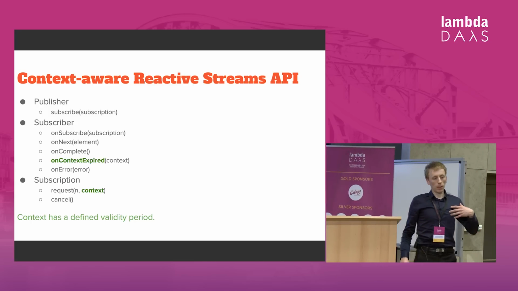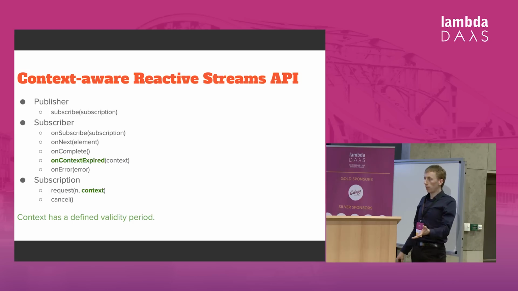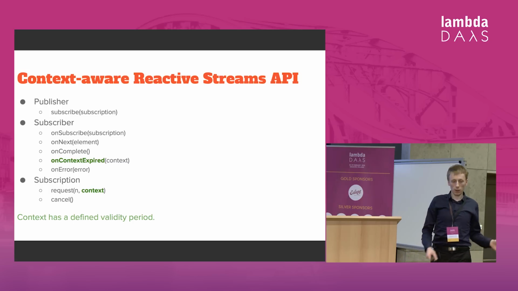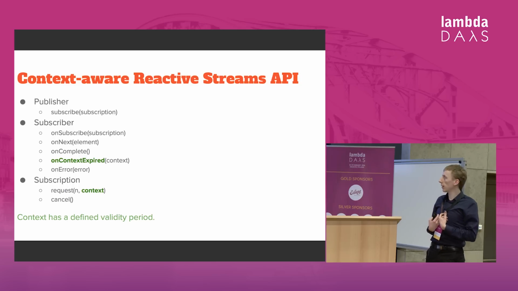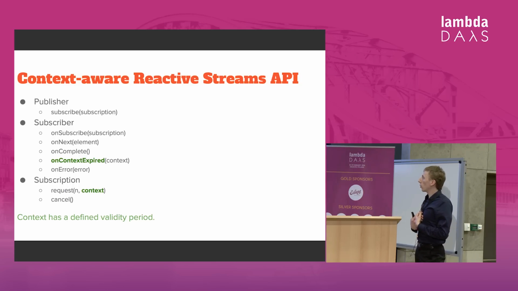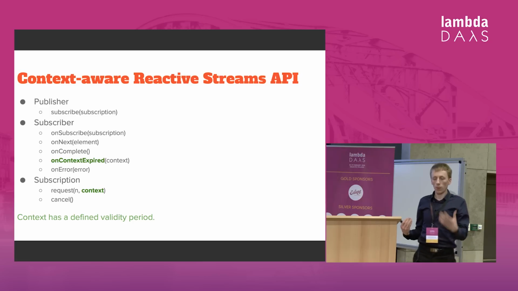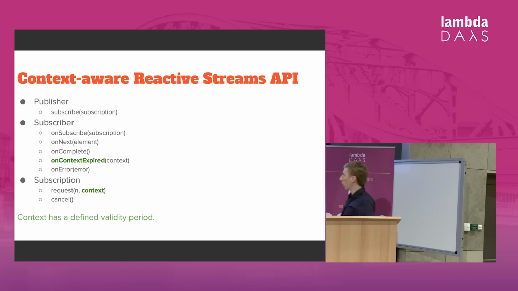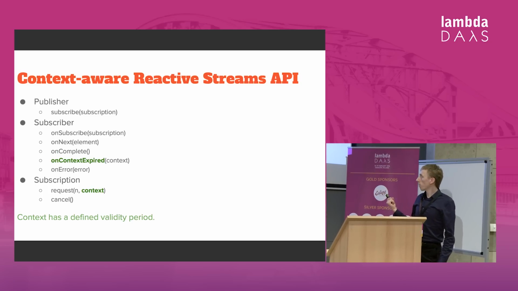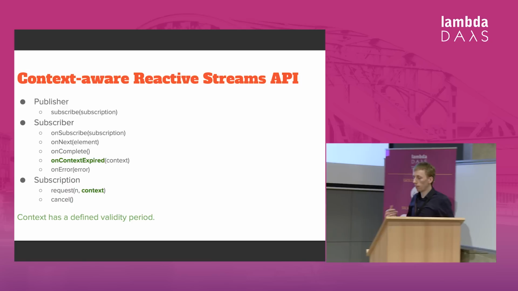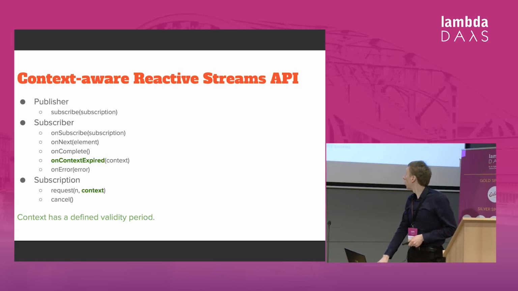As a subscriber, I give my demand and my context, but if this context is not used over a period of time, the subscriber will be notified and will be able to react, just providing new context if it's still able to process more data. Finally, the context has a defined validity period, so the publisher knows how much it can rely on this context.